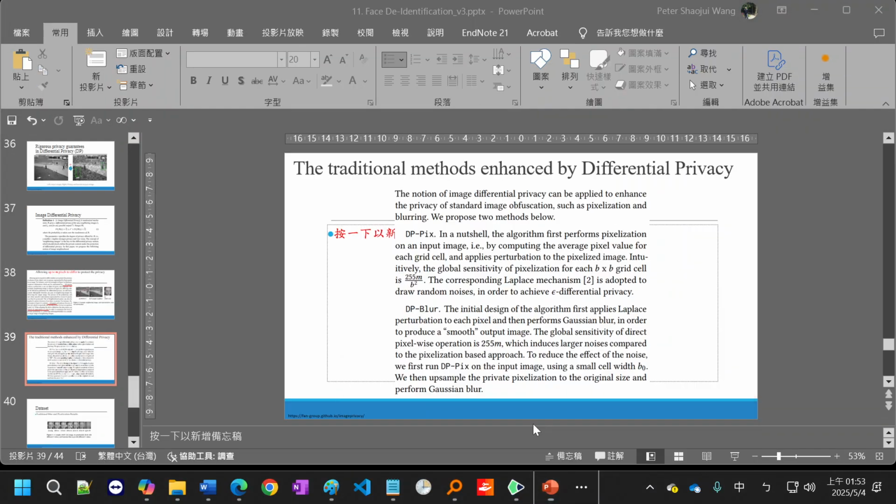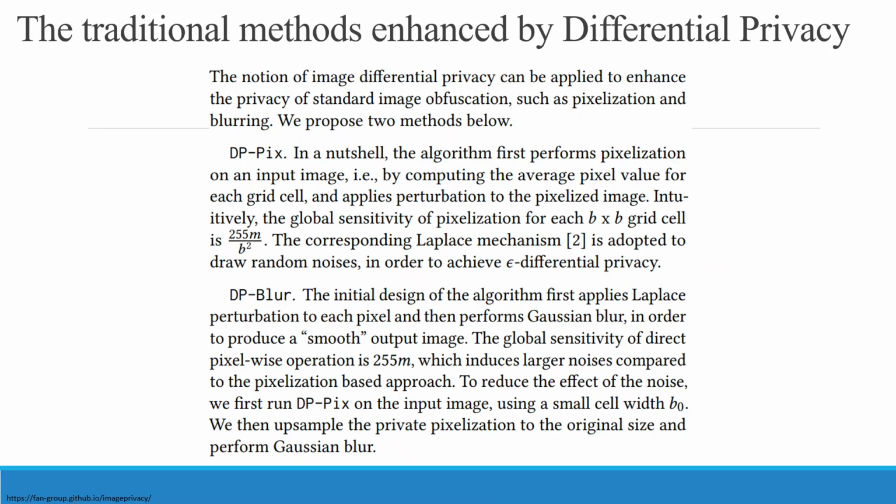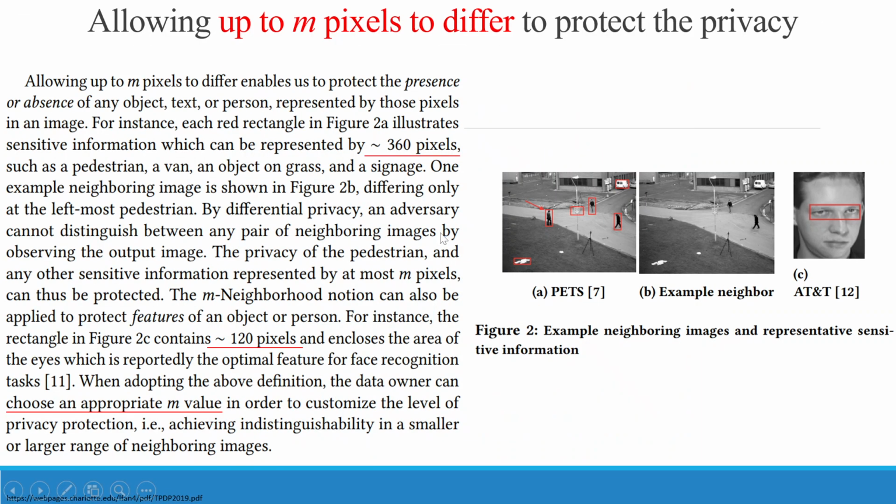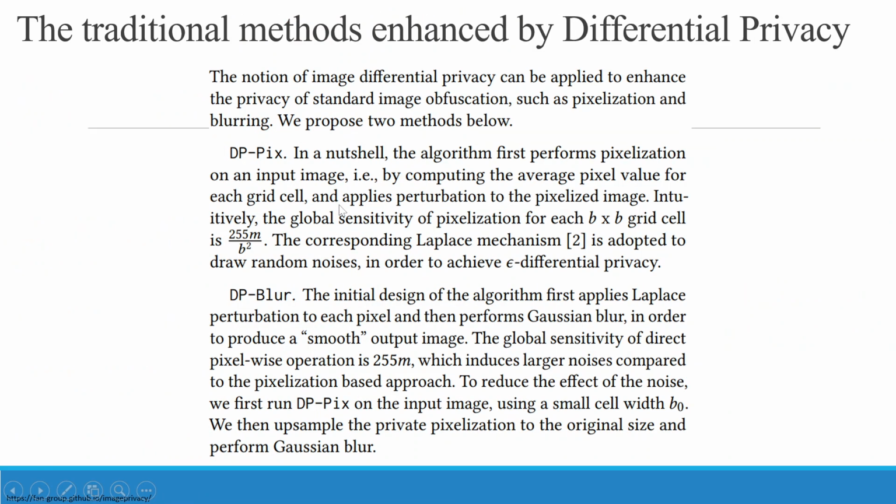So here we want to define the sensitivity, and with the help of the definition of the n parameter, we can provide the sensitivity definition like this for the pixelization image.